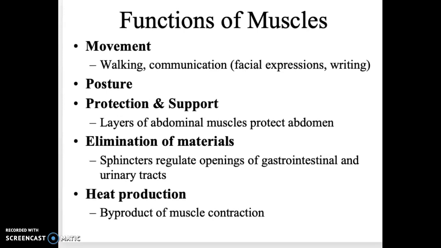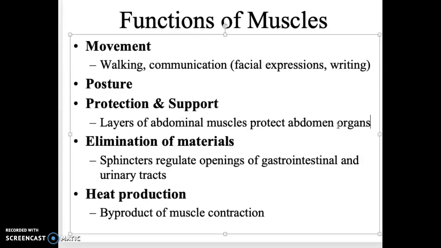Some functions of muscles: obviously movement, walking, and communication, which we kind of forget about, like in our facial expressions and in our writing. Muscles keep our posture nice, keep us upright. Muscles provide protection and support, so like your abdominal muscles protect your abdominal organs.